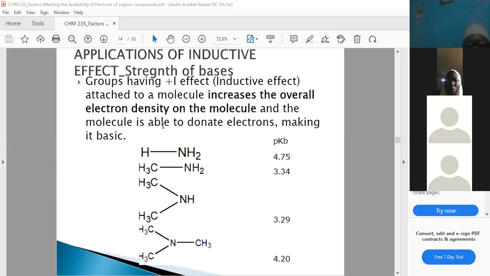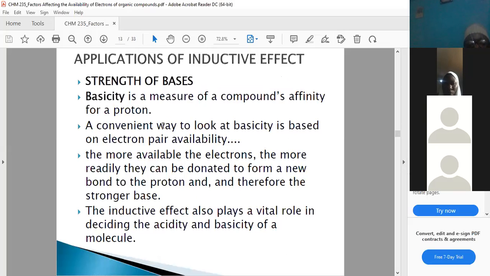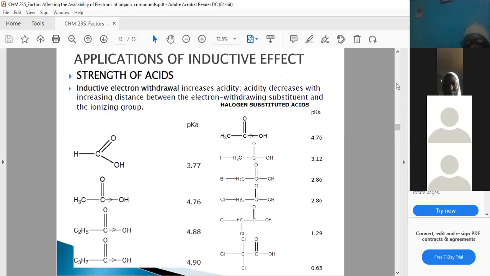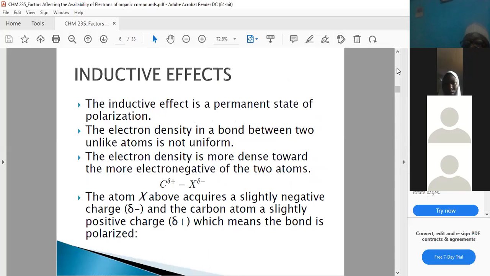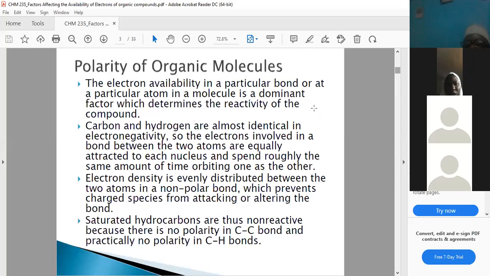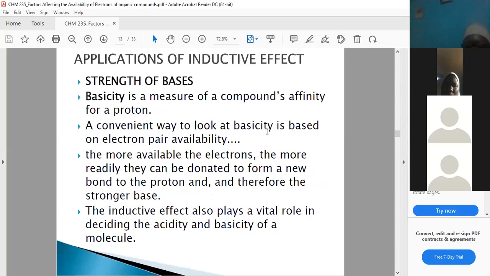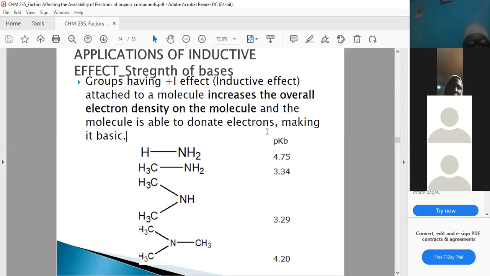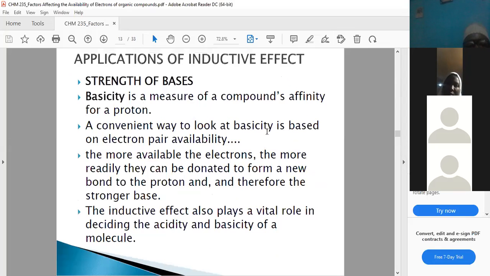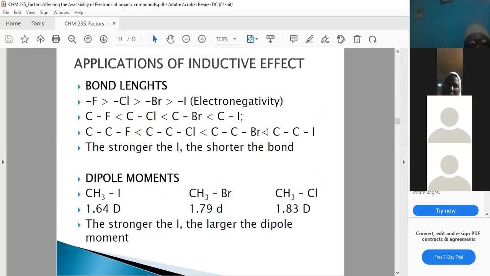Let me then go through the slide. Okay, can we all see the slide? Yes, sir. Now, sir, we are talking about factors that affect availability of electrons. Let me start.